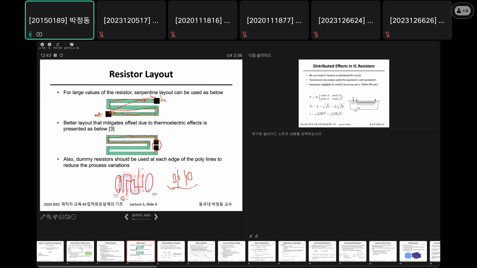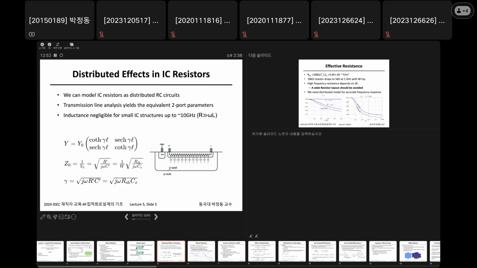So we have to put some dummies around the edges. It's important.